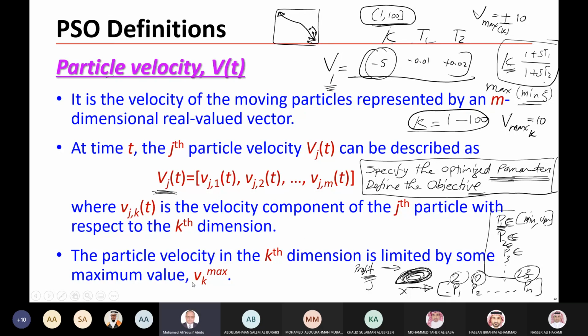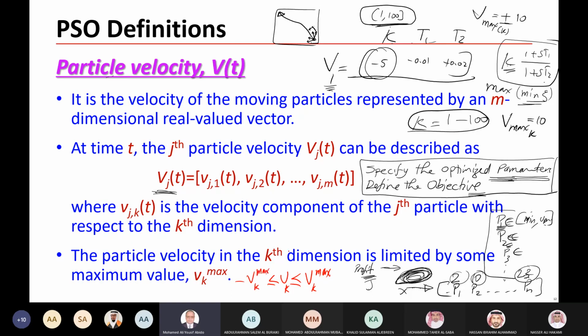We limit the velocity of each particle with the maximum velocity. So the velocity of the particle must be less than or equal to Vmax, and definitely there is a velocity in each dimension, so Vkmax.